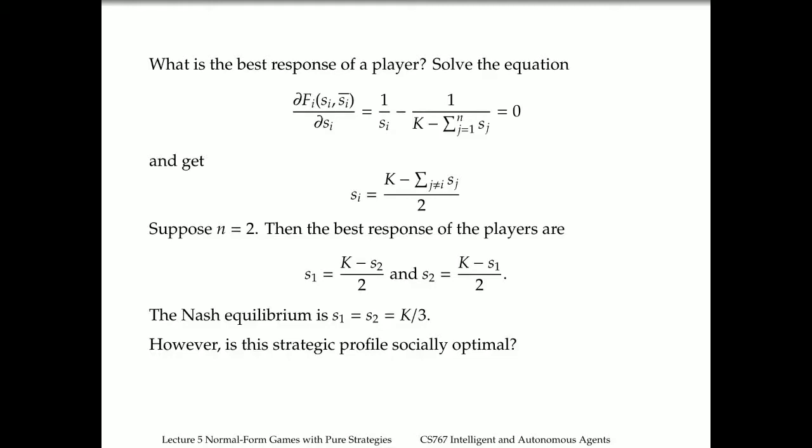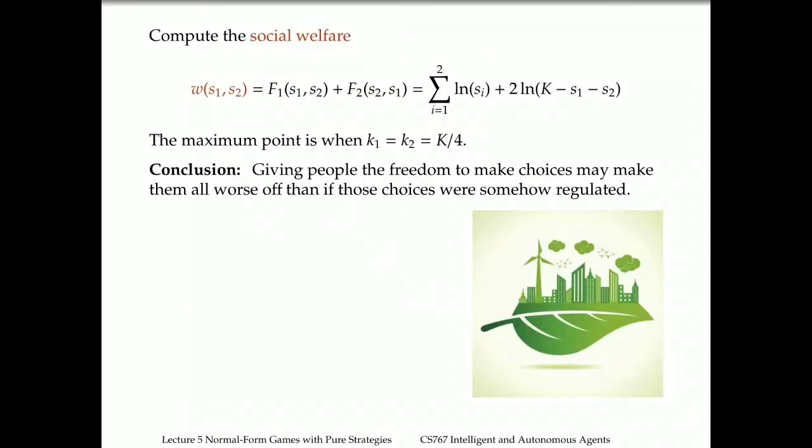So that is the Nash equilibrium, but now the question is, is this strategy profile socially optimal? Is this really a socially desirable outcome? Let's think about it. The social welfare that we are interested in will be the summed payoff of both of the players.